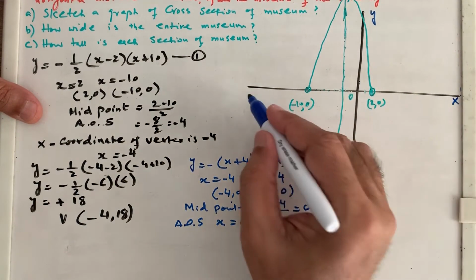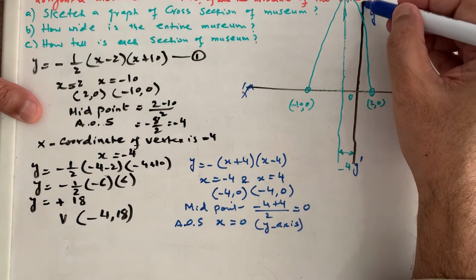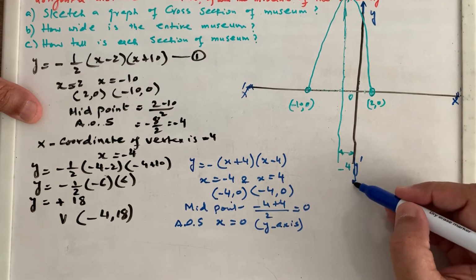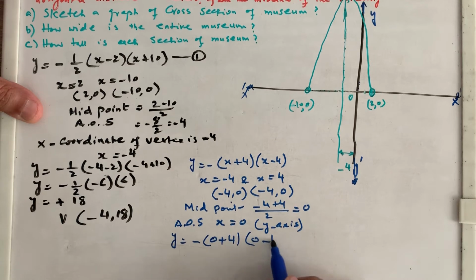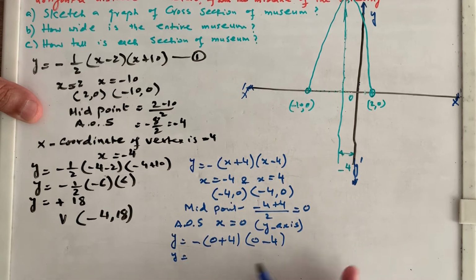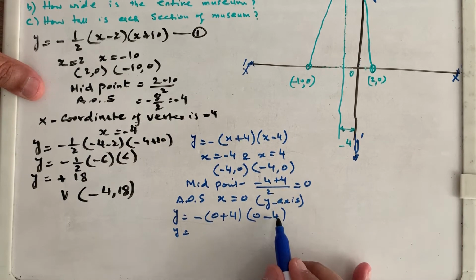This is my x-axis, and we put the arrows as well, because it is going unlimited. So now I know my axis of symmetry, that means my x is 0. How do I get the y coordinate? This x coordinate is also the x coordinate of my vertex. How to get y? y equals minus, so put 0, 0 minus 4, and then 4 times 4 is 16.